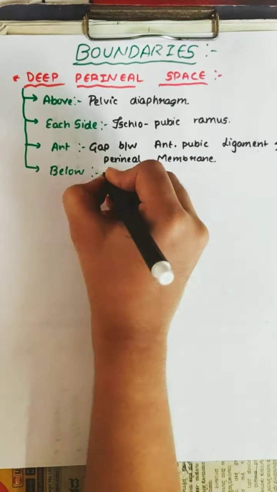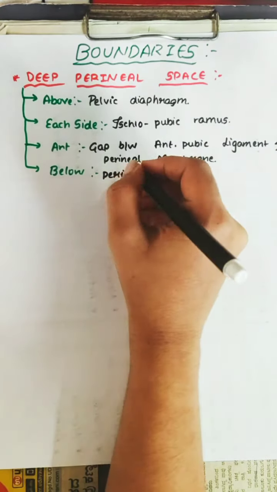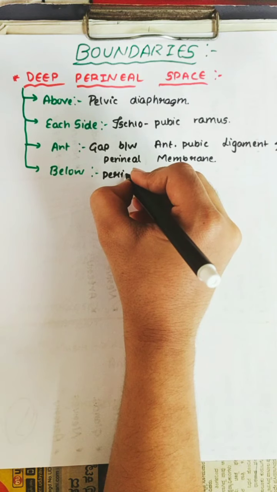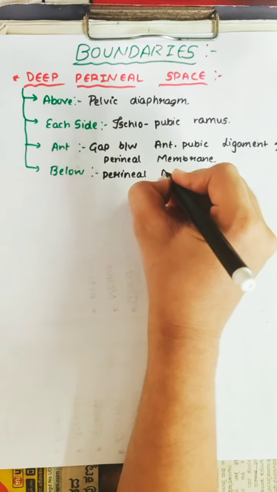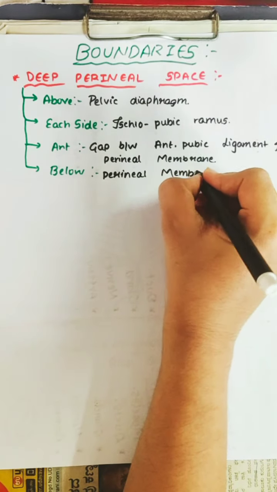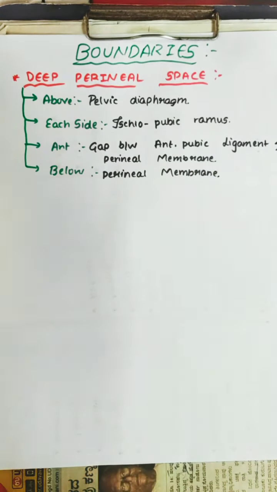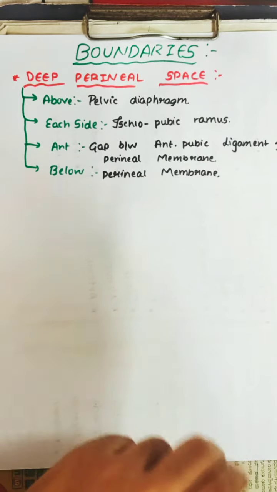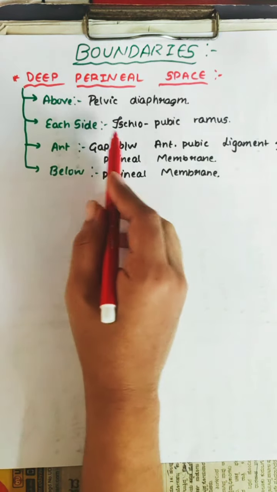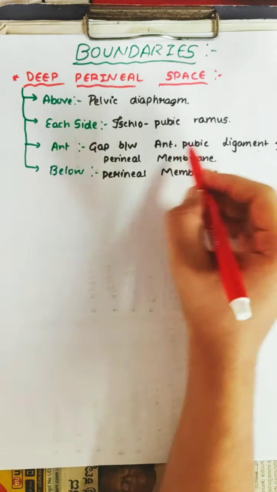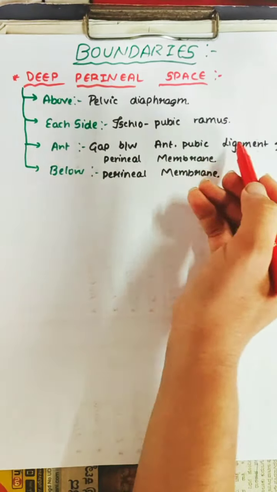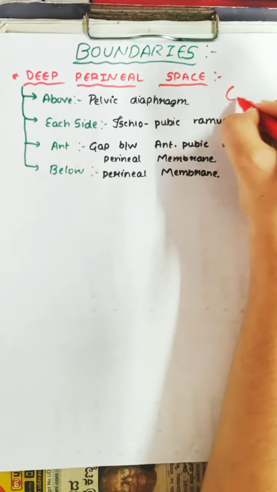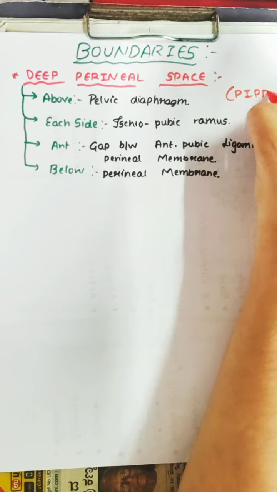And below there is the perineal membrane. So the hint is PIP, that means pelvic diaphragm, ischiopubic ramus, perineal membrane, and also the pubic ligament and the perineal membrane. So the hint is PIP.